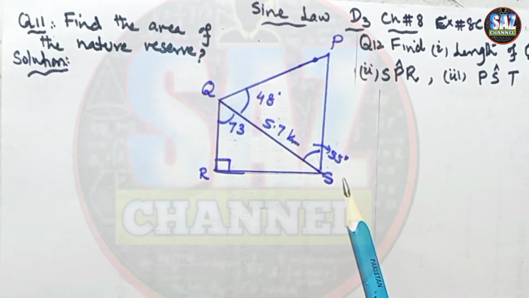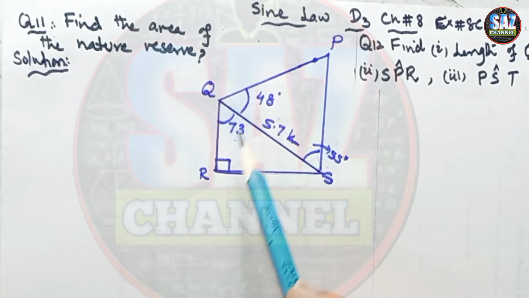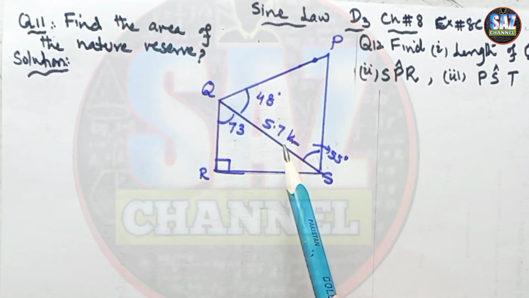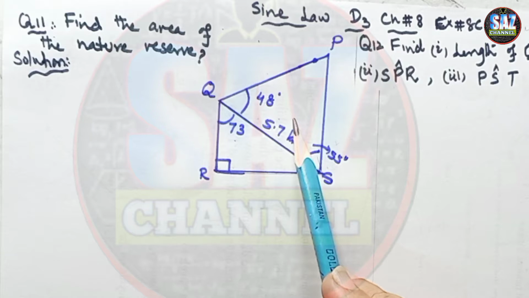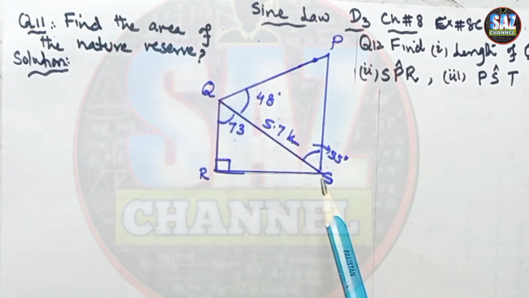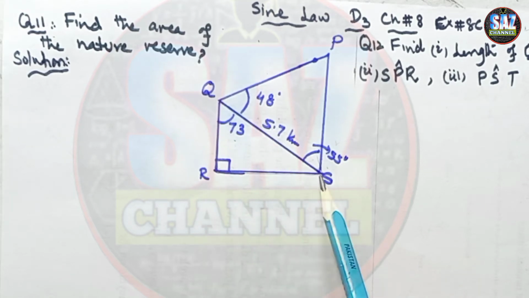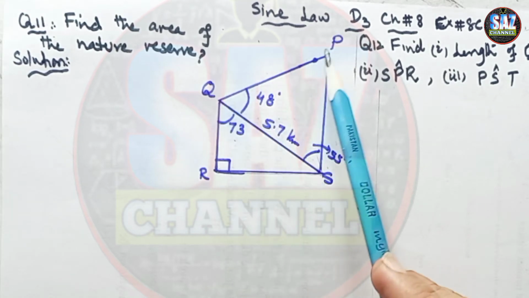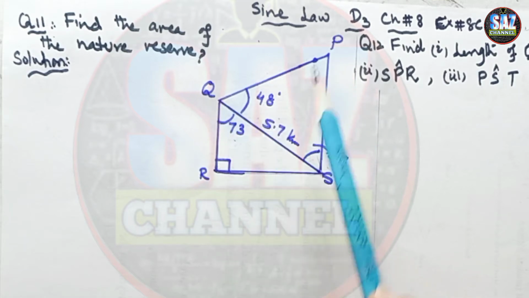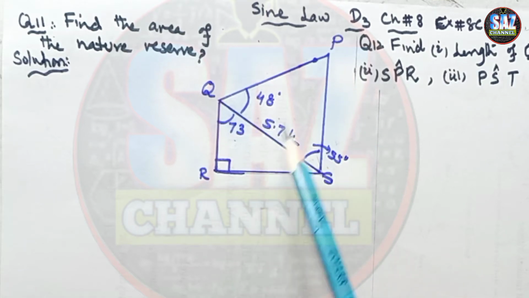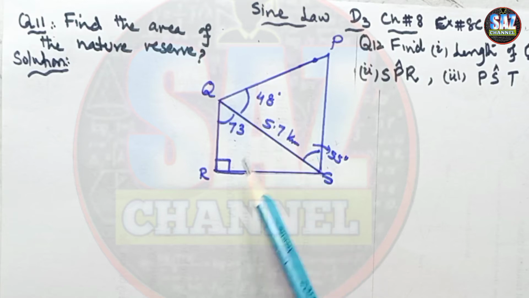Okay, the question is about the area of this whole shape. If you look at the whole diagram, it consists of two triangles. One is QRS and the other is PQS. If we find the area of triangle QRS and the area of triangle QPS and add them up, we can get the area of the whole shape.